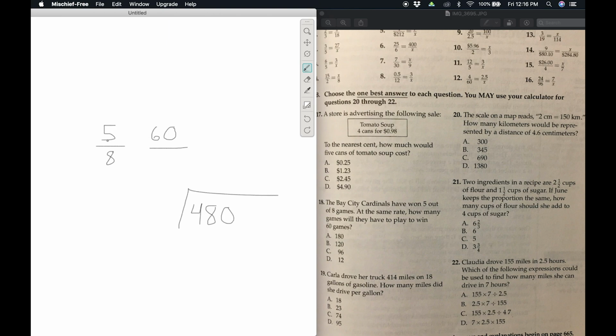Then divide it by the 5. 5 goes into 48. 9 times 5 is 45. 8 minus 5 is 3. Okay, 5 goes into 3? No, it doesn't, so bring down the 0. 5 goes into 30. 6 times 5 is 30. Okay, so 96 is your answer for that, ladies and gentlemen.